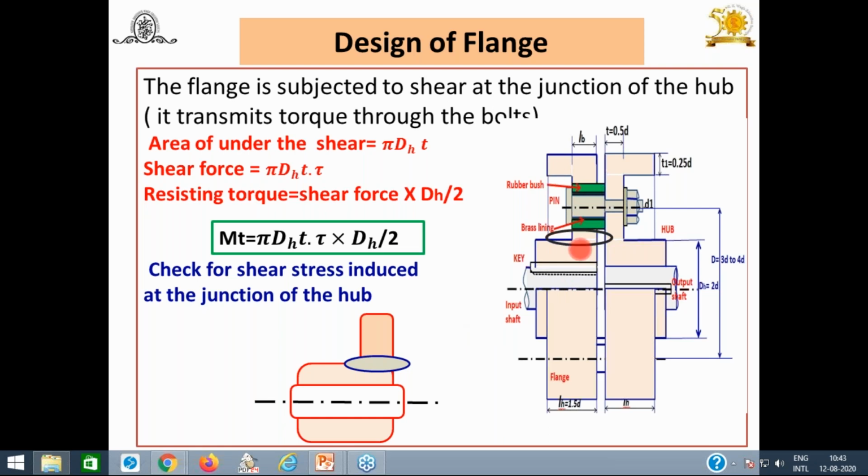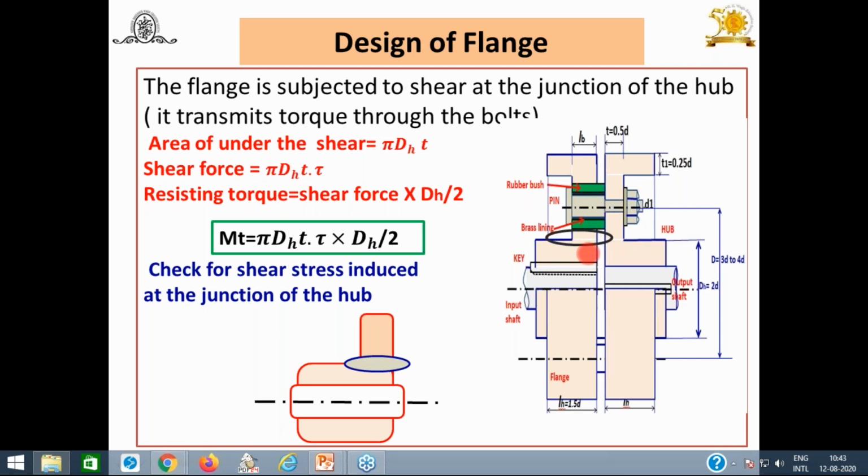Yesterday we have seen what is happening. Look at this portion. This is a flexible coupling, hub and flange part here. When this flange is going to transmit the torque, you will find it is subjected to shear at the junction of the hub and the flange.